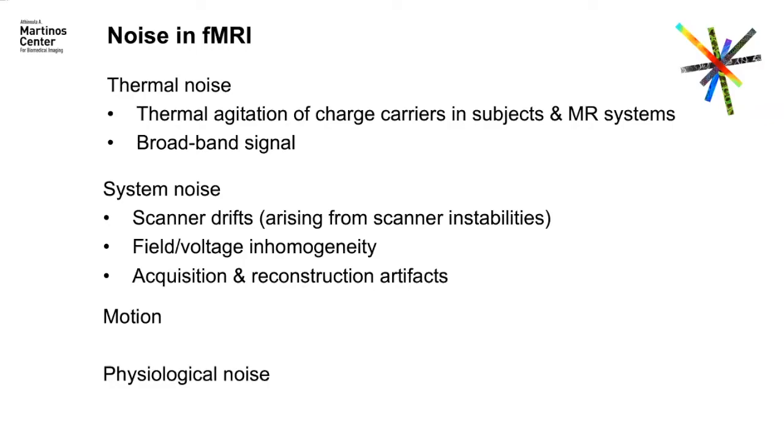Then there is system noise and artifacts that can be caused, for example, because of scanner drifts. The scanner might be a bit unstable, or there might be some inhomogeneity in the field.